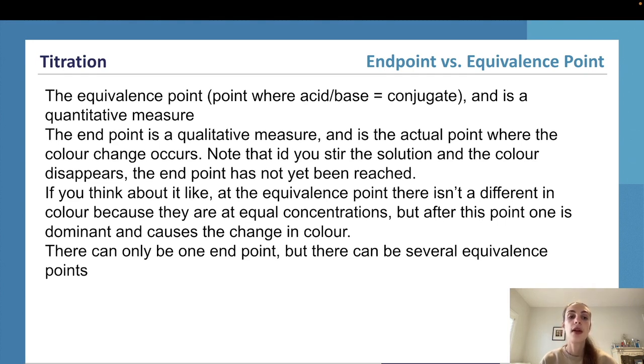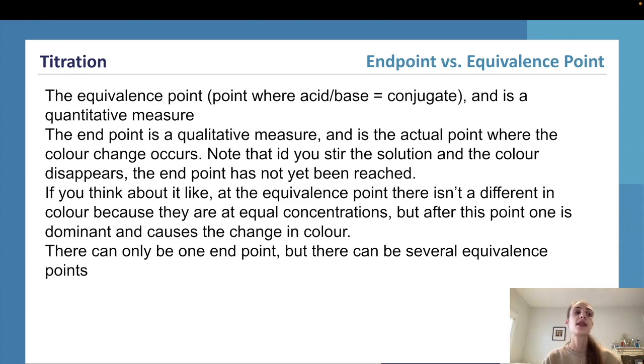If you think about it, at the equivalence point, there isn't a difference in color because they're at equal concentrations. But after this point, one of those concentrations becomes dominant. In the example of HCl and H+, where HCl is the acid and H+ is the conjugate base, the H+ becomes dominant, and this is what then causes the change in color.